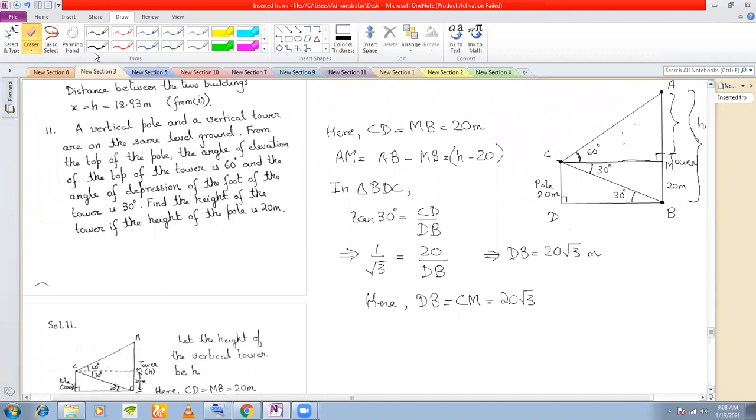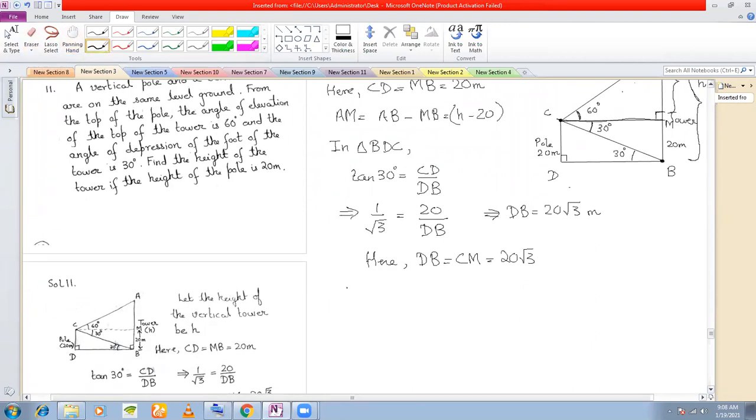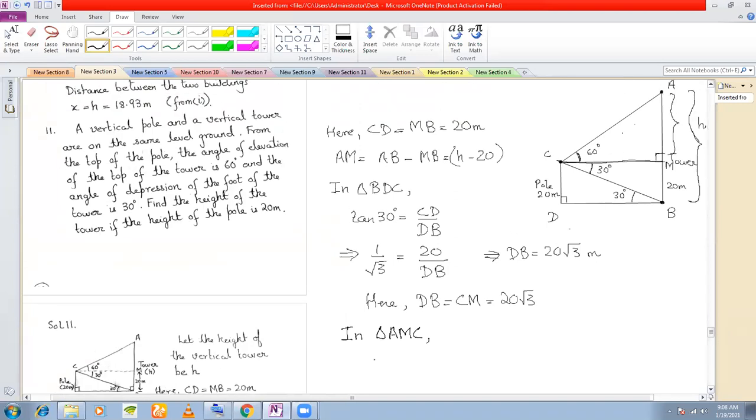So in triangle AMC, you have tan 60. Tan 60 is equal to AM by CM. Tan 60 is root 3.